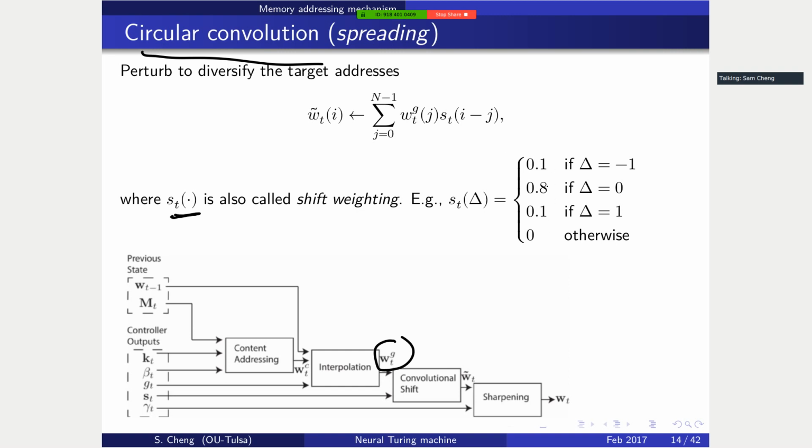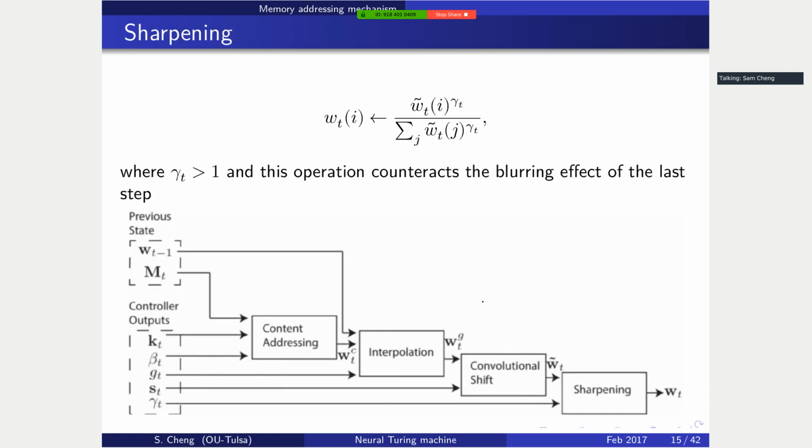Instead of a pretty sharp adjacent vector, after this low pass filter it is smoothed out. And then afterward, it is sharpened again. It's a little bit weird, but know that all these parameters for spreading and also sharpening can be trained, because they are spit out from the LSTM. So then finally you have this WT.